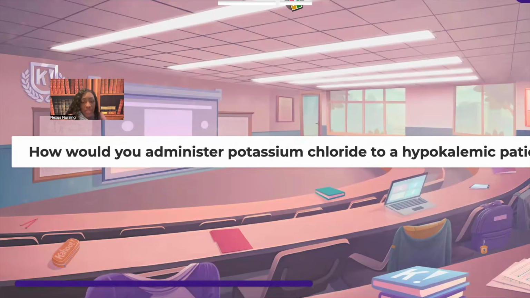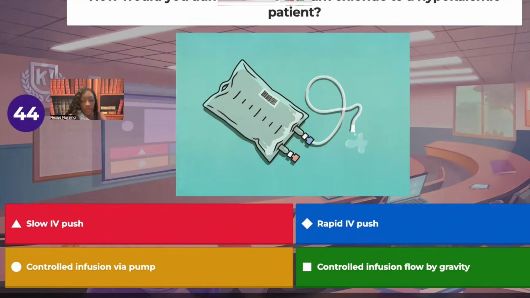How would you administer potassium chloride to a hypokalemic patient? Slow IV push, rapid IV push, controlled infusion via pump, controlled infusion flow by gravity.